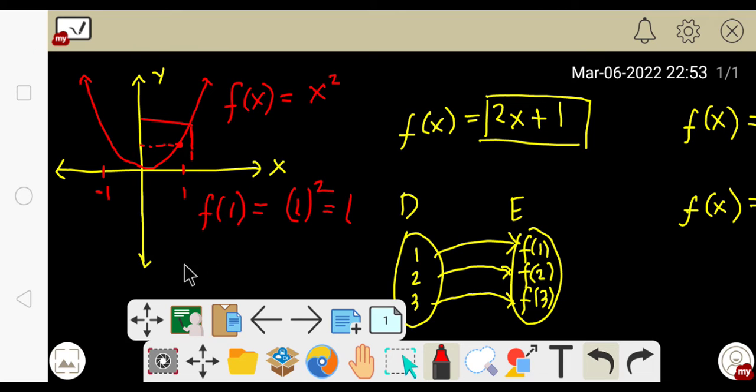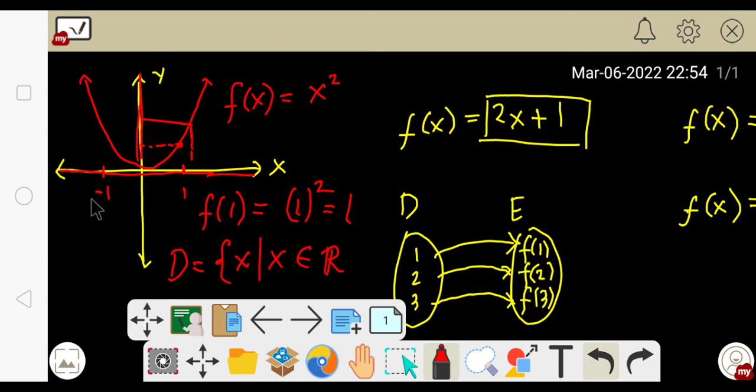So we can write our domain as the set of x such that x is in real numbers. That means our domain is just the x-axis, and our range is the y-axis right here. So what is our range?